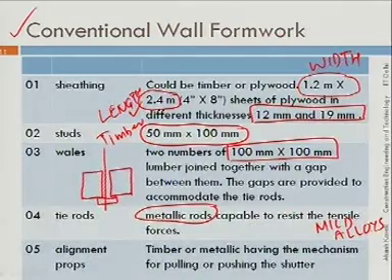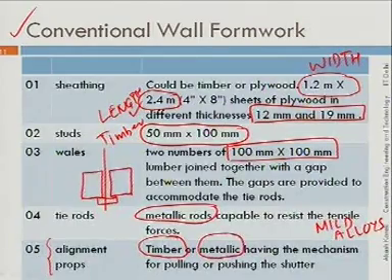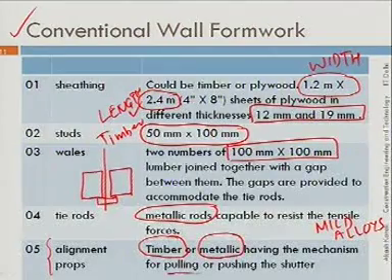These are commonly used tie rods. And when you finally come to the alignment prop, it could be made up of timber or again of some metal, having the mechanism of pulling and pushing the shutter.